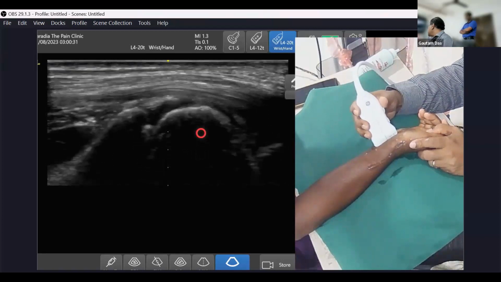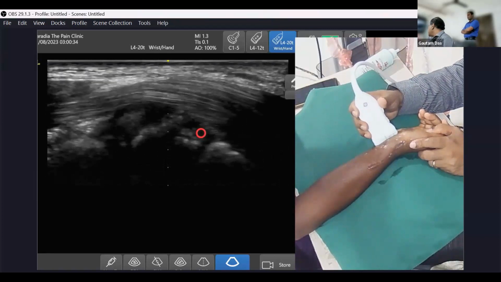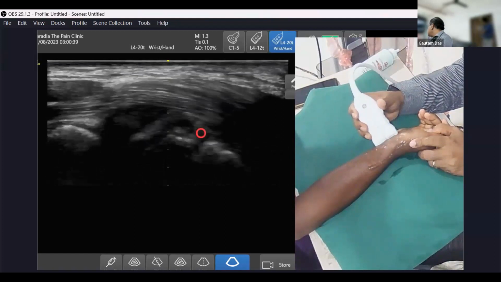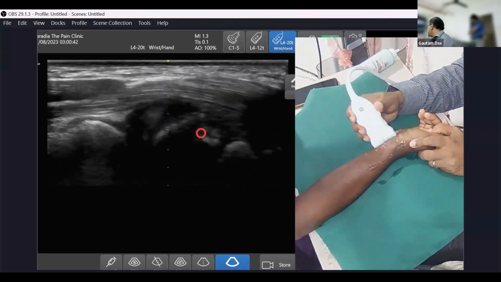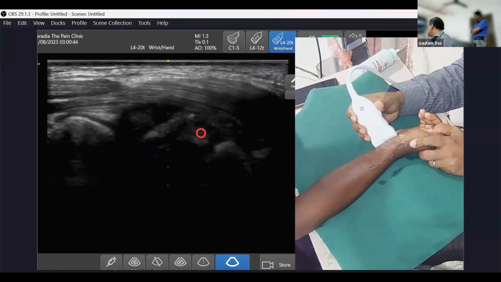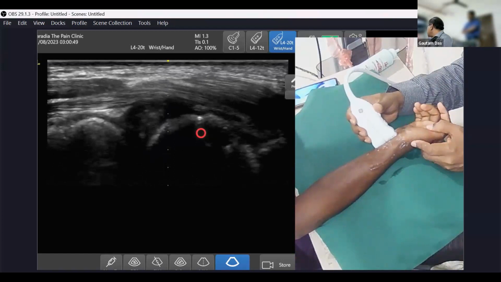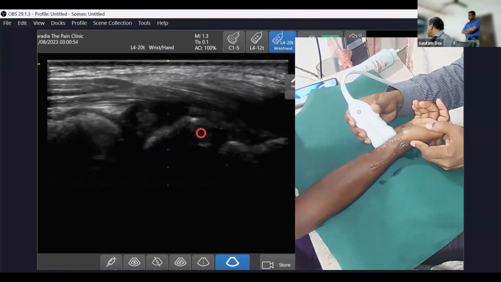Now the radius is vanishing, and the bone appearing here is your ulna. So this ligament is your ulno-lunate ligament. Ulna and lunate. This is a part of the TFCC.